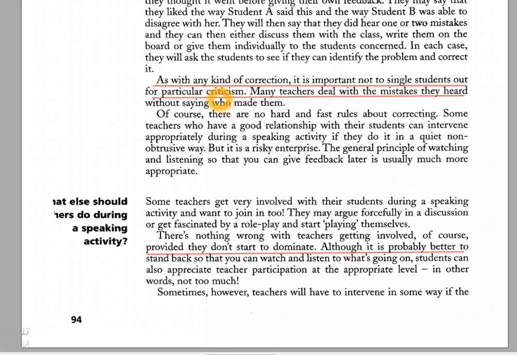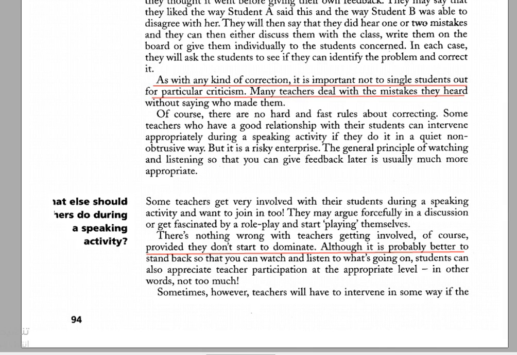And sometimes it's important not to single a student out for particular criticism. Many teachers deal with mistakes they hear without saying who made them. So it's not good to point at a student or use your criticism against one student, because you have to avoid that and keep the criticism general for the whole group.